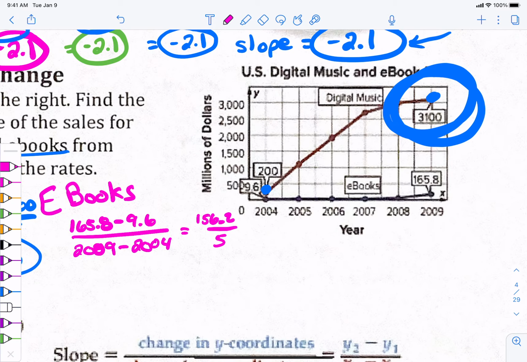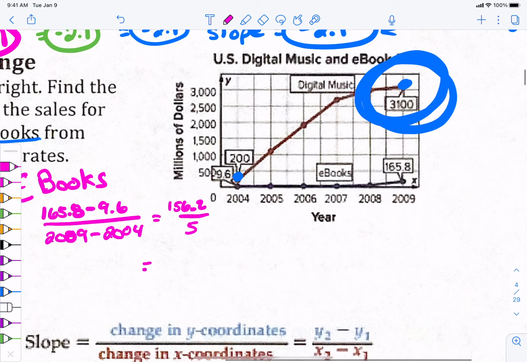156.2, yes. And then if you divide that by 5, that is 31.24. Check me. Somebody check that. 156.2 divided by 5 is 31.24. So you just take the two, subtract them, and then you divide by the number of years that have elapsed.